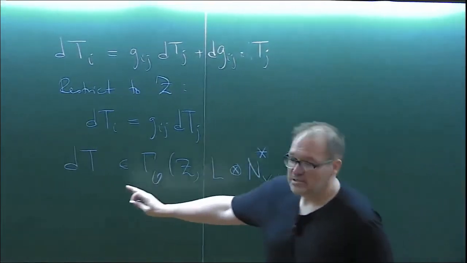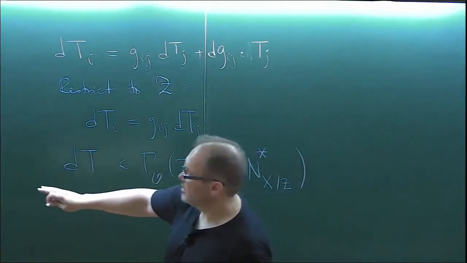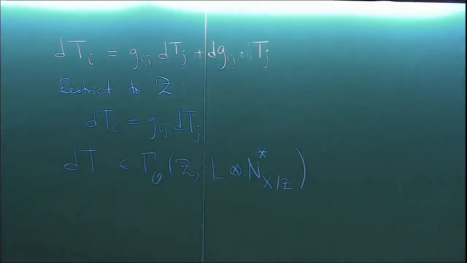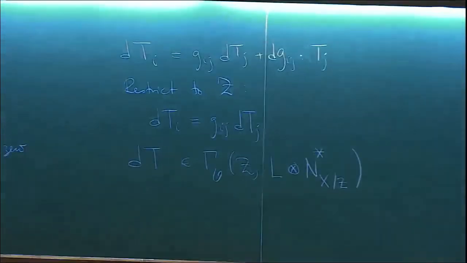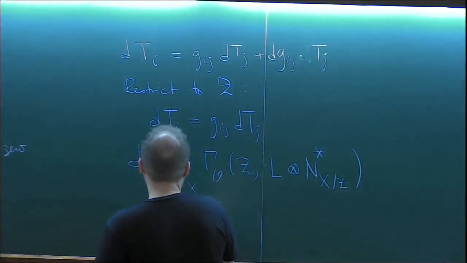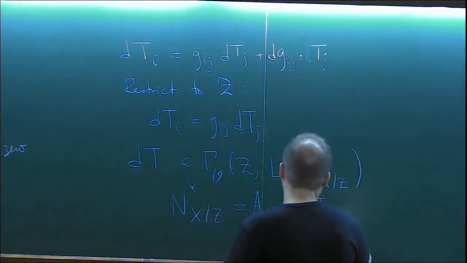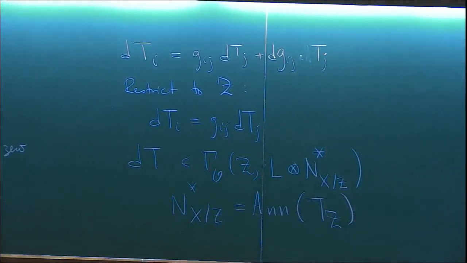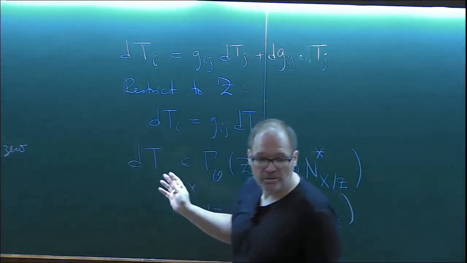Okay, there's one last additional feature. Up to here, I've not used the smoothness anywhere. It's the set of all one forms which annihilate the tangent bundle to Z. I said here that these dtj are nowhere zero, but I haven't used it anywhere in the discussion up till now, right?